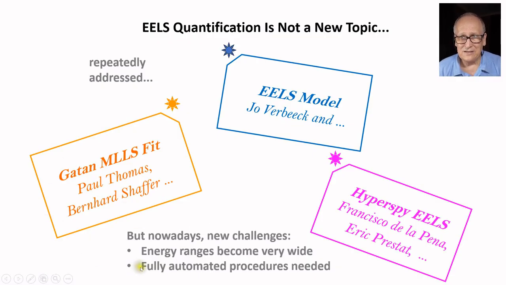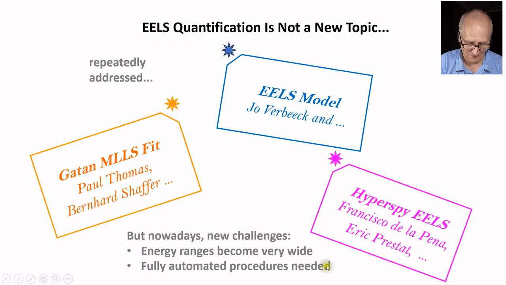So any user interaction like adjusting some parameters becomes very problematic. So ideally, we need some algorithms which treat EELS spectra with little or no user interaction. And that is our target. And that makes all the business different.